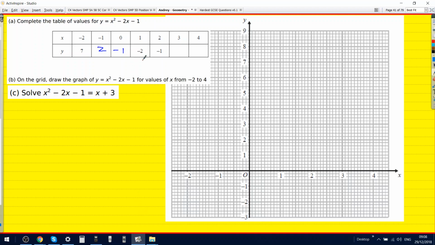Oh, okay. So 1 across minus 2 looks like the bottom. Minus 2, 7, there. And whatever 4 is, 0 minus 1. Okay.